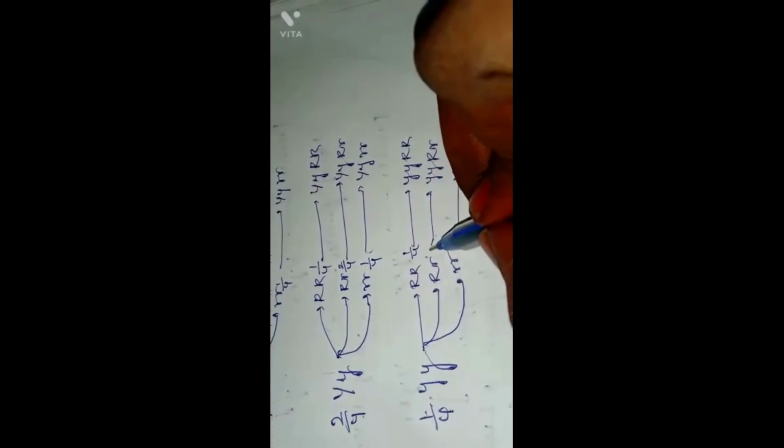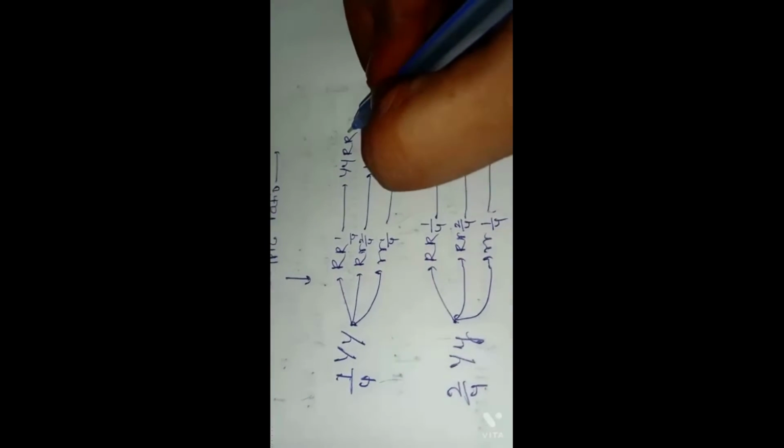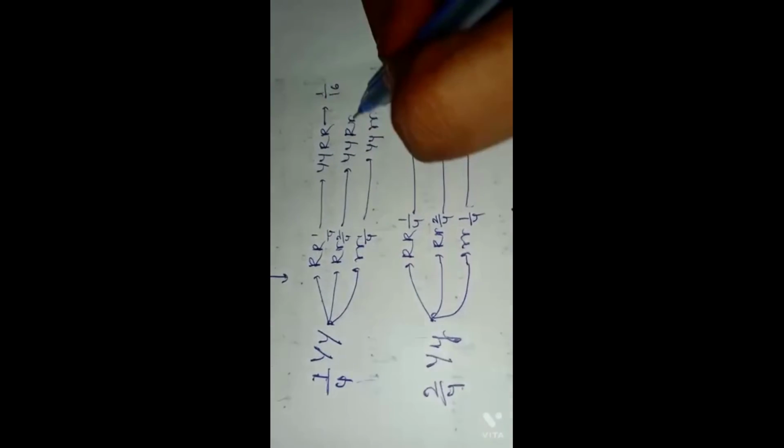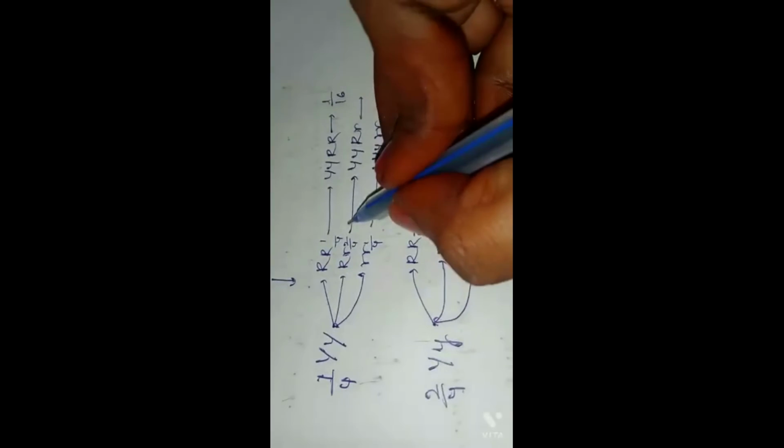So by multiplying these ratios, we are going to get the ratio of the progeny we wrote.